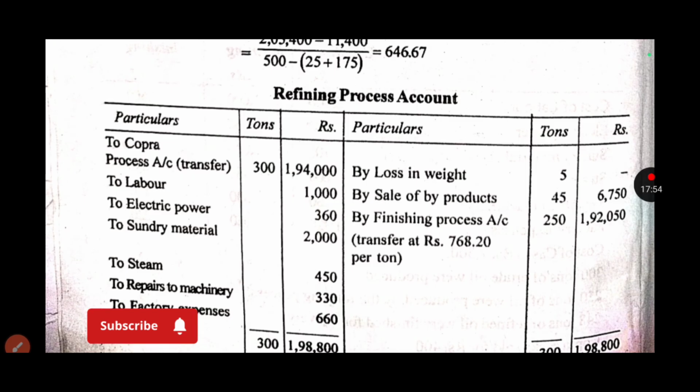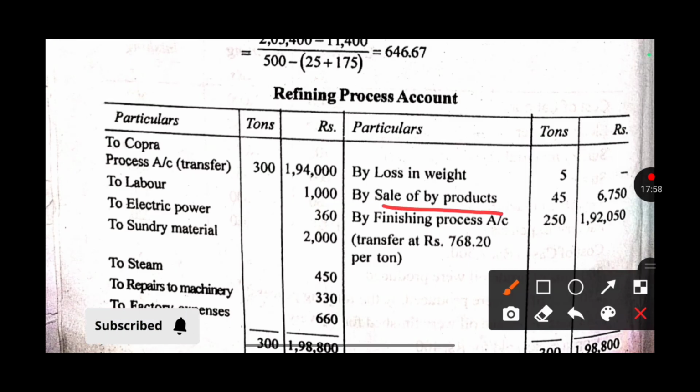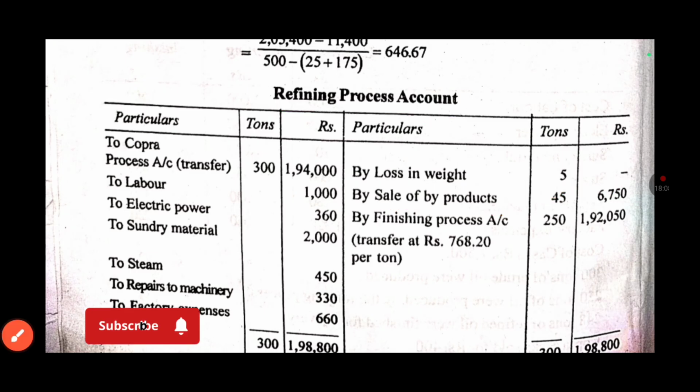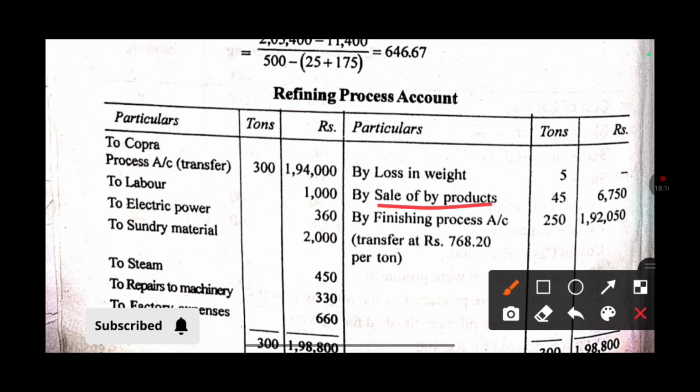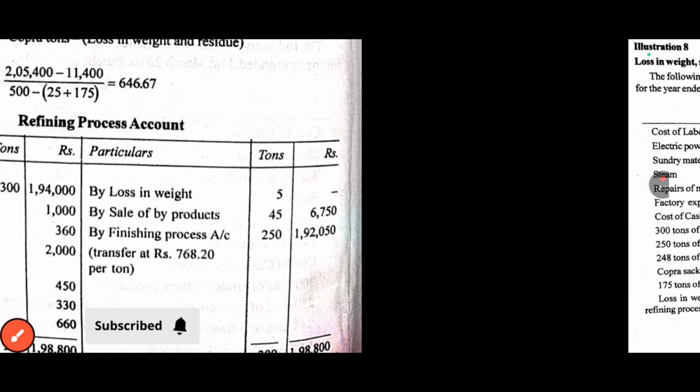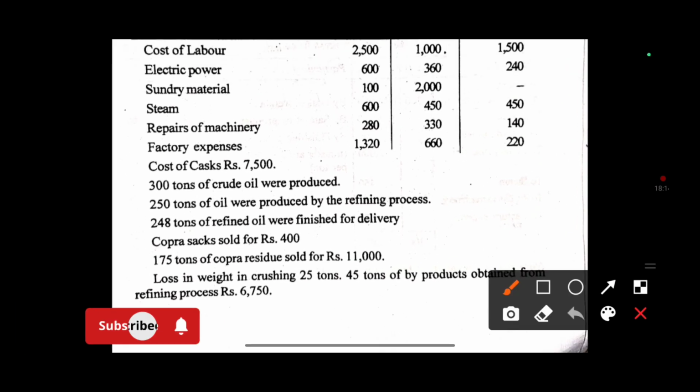So look here, the sale of byproduct, 45 tons at the rate of 6,750, is entered on the refining process account. Because the sale of the byproduct belongs to the refining process account, it is clearly given in the question. It is to be entered on the refining process account.